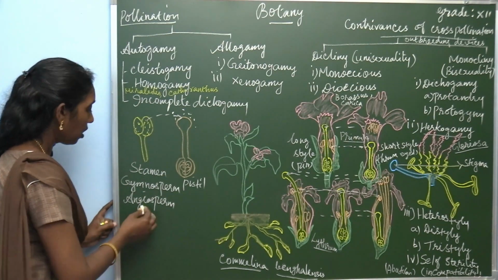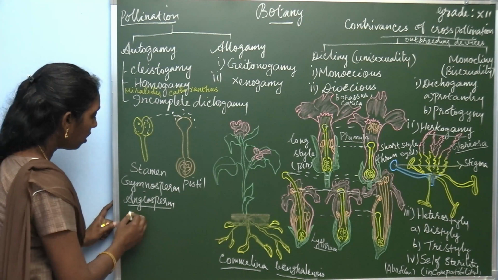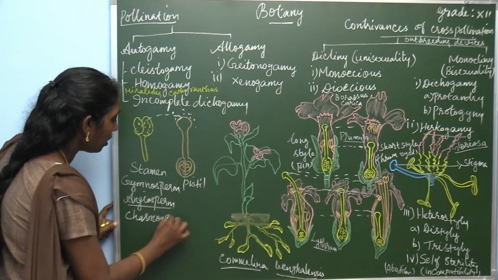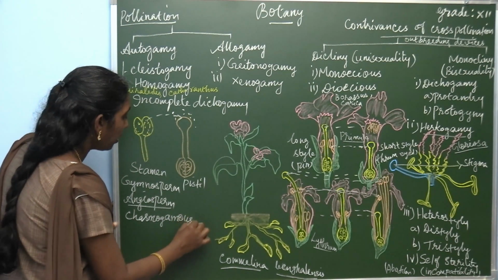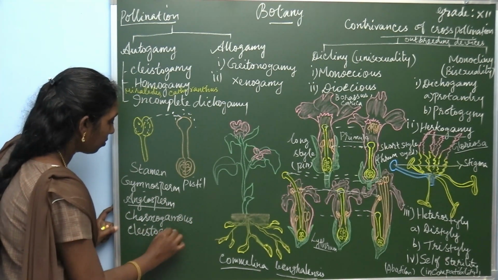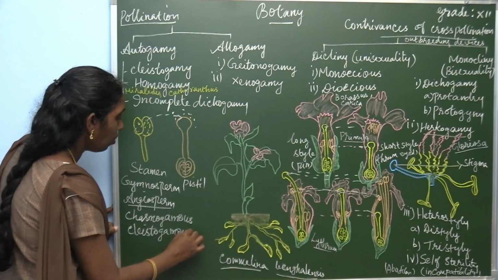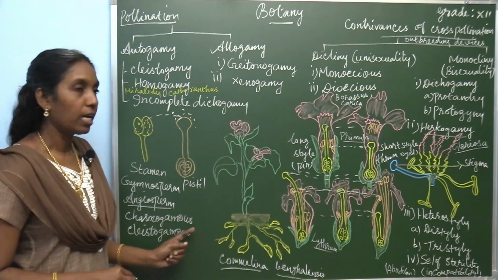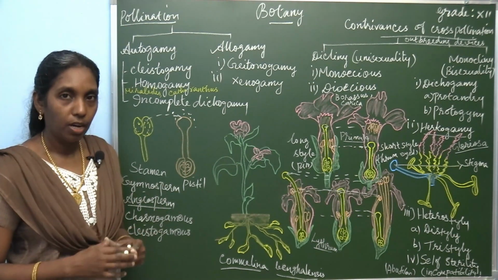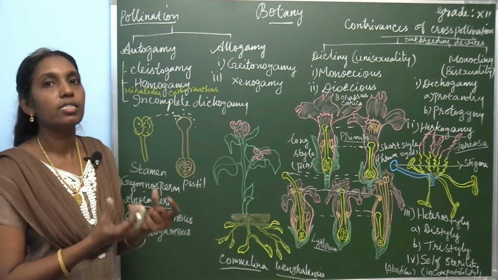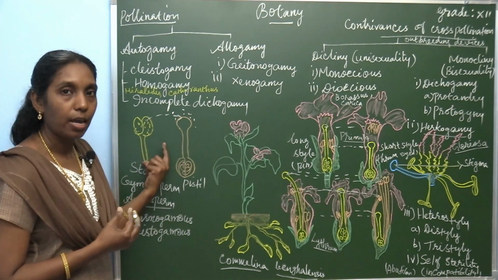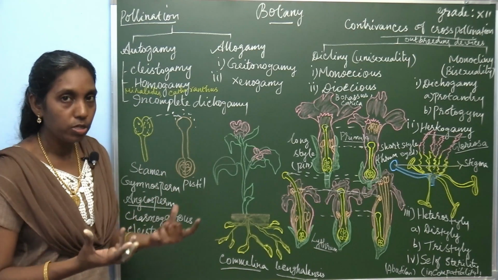The flowers in angiosperms are of two different types, chasmogamous flower and cleistogamous flower. What is the difference between these two? Chasmogamous flowers expose their sex organs, that is the stamen and the pistil are exposed out.